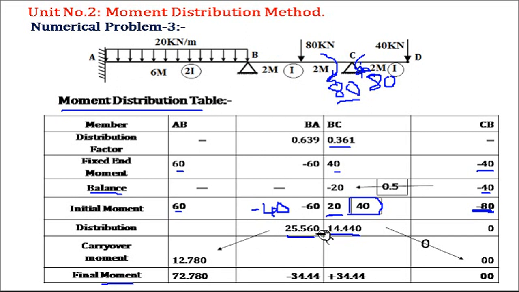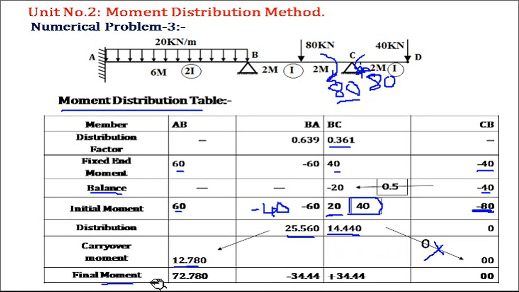So 25.560 divided by 2 is 12.780. From B to C, the far end is simple and the beam is not continuous, so the carryover is not allowed. So in BA and BC there is no further moment, and we end here.